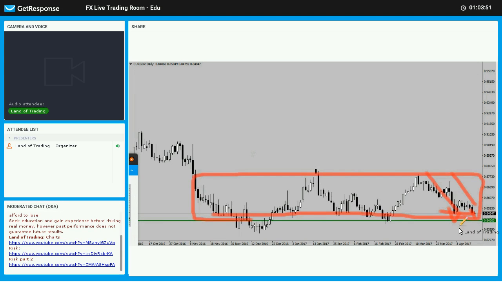So we may see some sellers trying to make the sell break orders, but I do believe we are gonna see high levels here, and we are gonna see the range. It might be all about French election outcome.